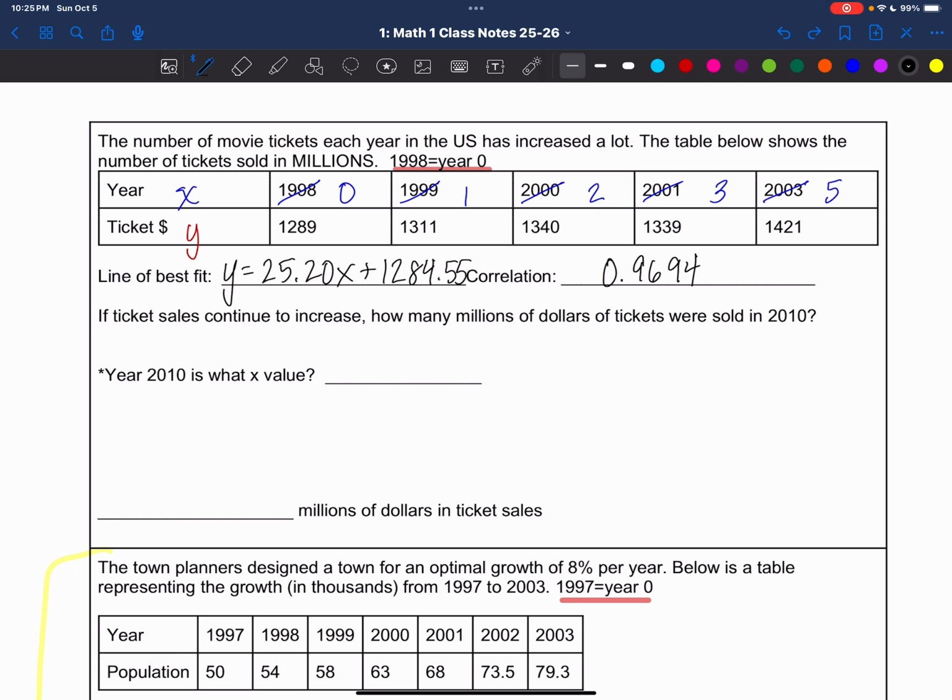Well, that's the year. So we're looking for how many millions of tickets sold. So if that's your X, but remember, it's not really 2010, it's actually 12 years. So it's actually 12 years since 1998.